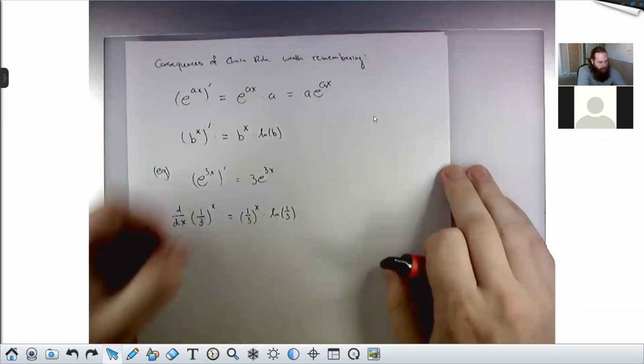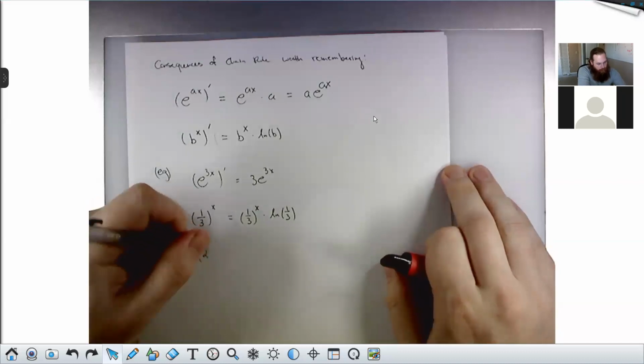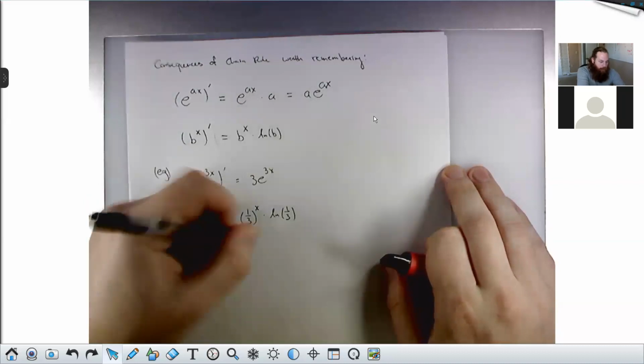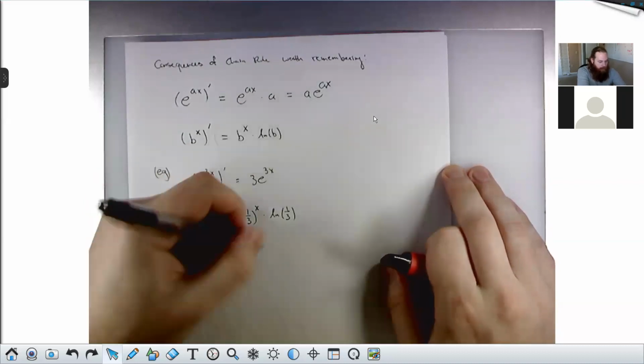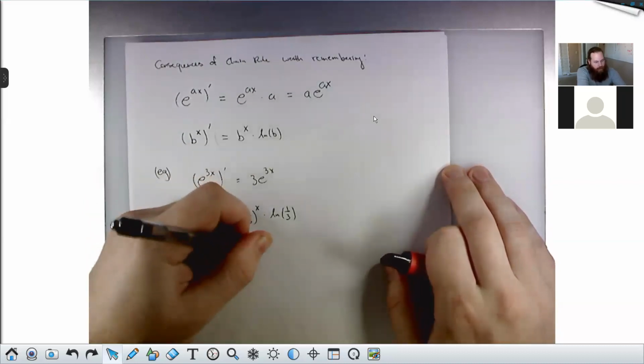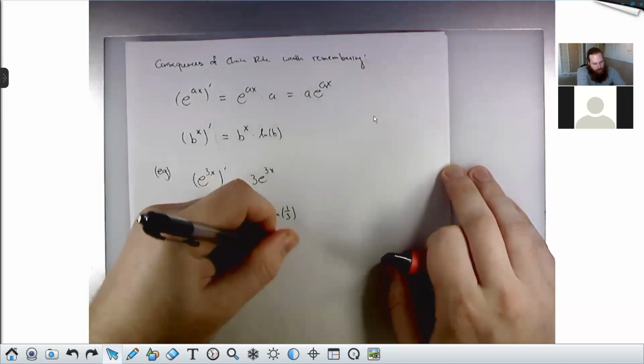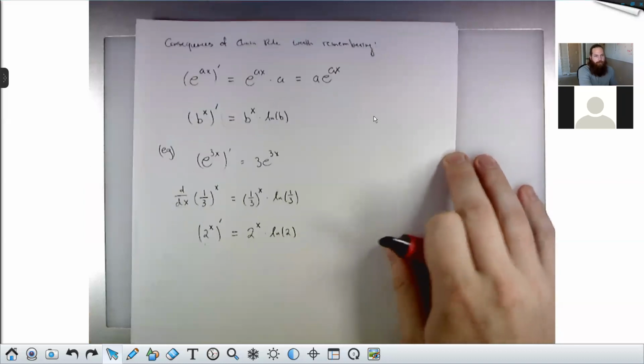Maybe one more just for fun. (2 to the x)' would be, I'll take my b to the x, that's 2 to the x, and multiply by the natural log of b. So let's multiply by the natural log of 2.